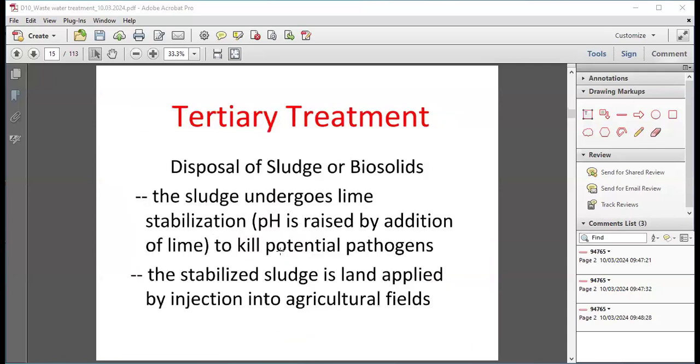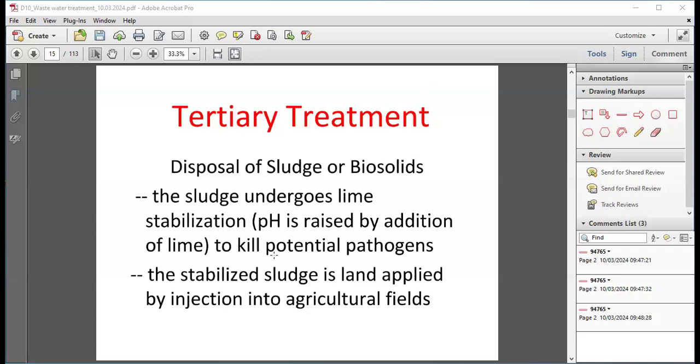Tertiary treatment, disposal of sludge or biosolids. The sludge undergoes lime stabilization. pH is raised by addition of lime. Then this is the tertiary treatment, disposal of sludge or biosolids.